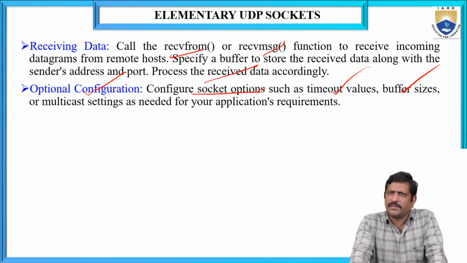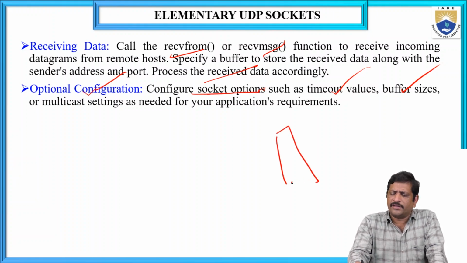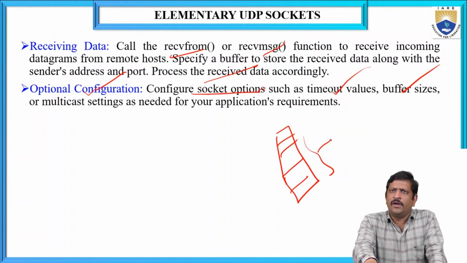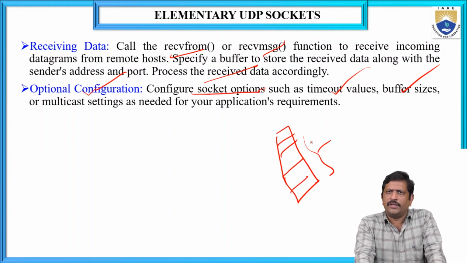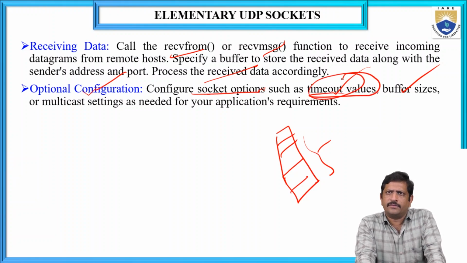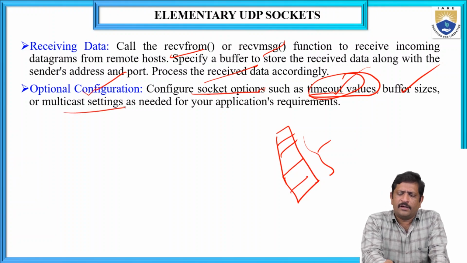The buffer size determines how much data you are storing in a buffer. With the timeout value, the speed and performance can be increased. And then the multicast setting.